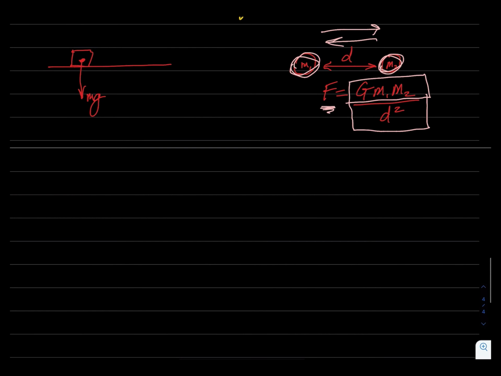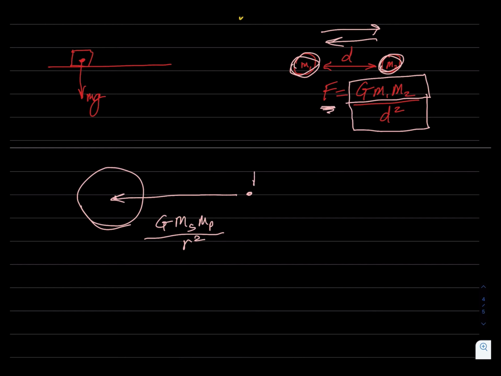So if you have the sun here, and you have a tiny little planet out here, the sun is pulling on that planet, keeping it in orbit. And the force is G, mass of the sun, mass of the planet, over r squared, where r is the distance between them. But guess what?